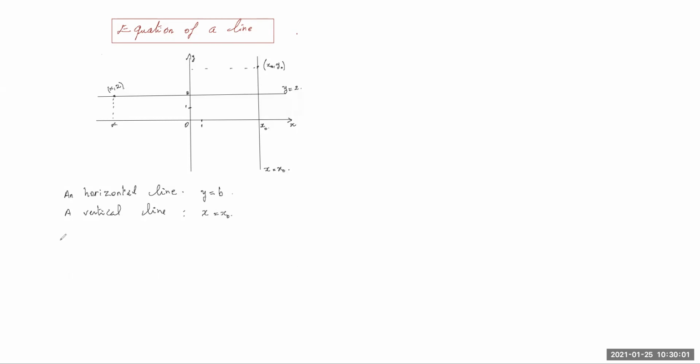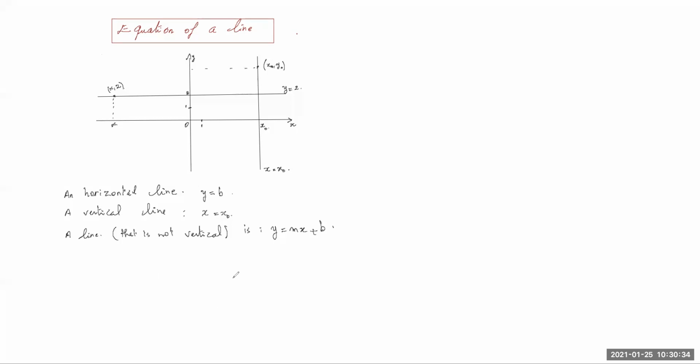Now a line that is not horizontal or vertical. A line that is non-vertical, we specify that it is not vertical, we will see why, is described by an equation like y equal mx plus b.